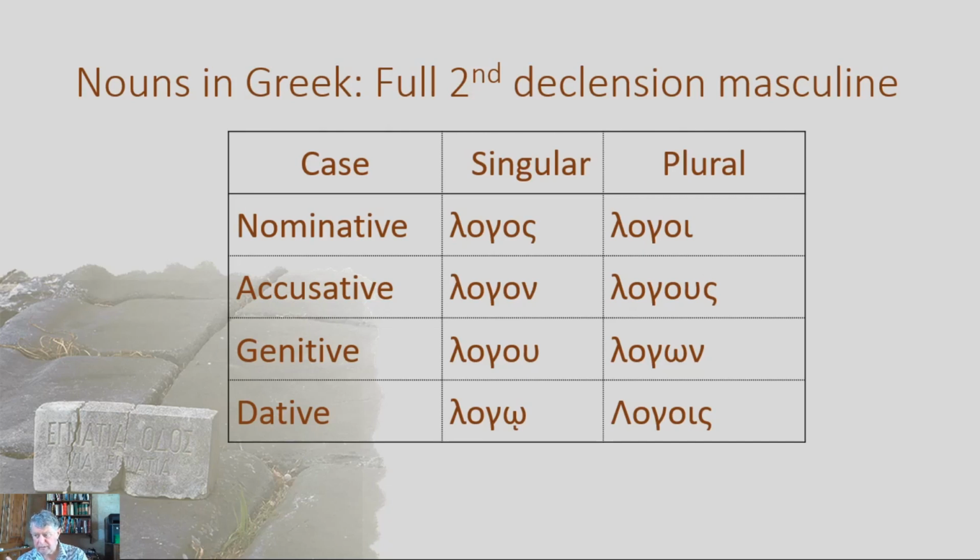It's marked, if you like, in the nominative singular, which is how we normally represent it in the dictionary form. So as logos, it's marked by the os at the end. And if it's a normal os ending noun like this second declension, it will follow this form as we've presented it. So you need to learn that form.